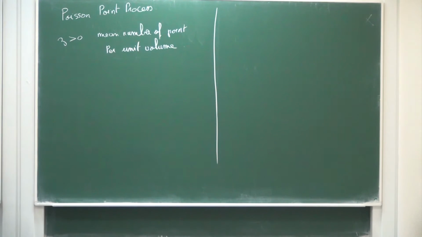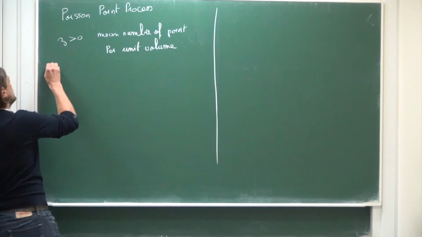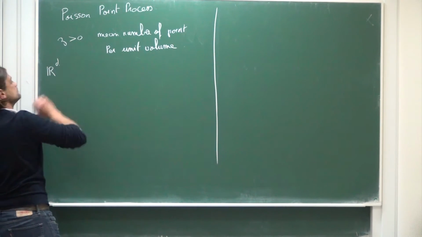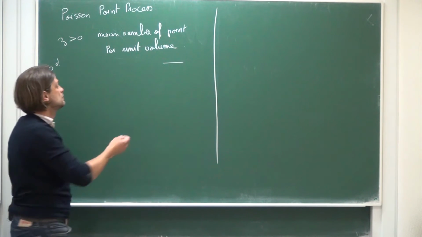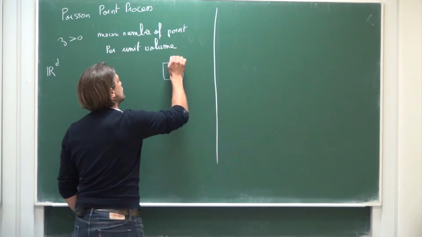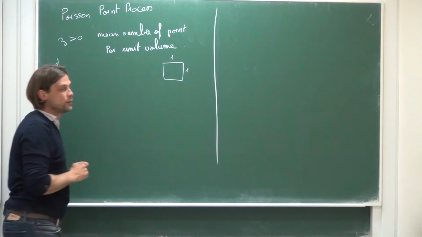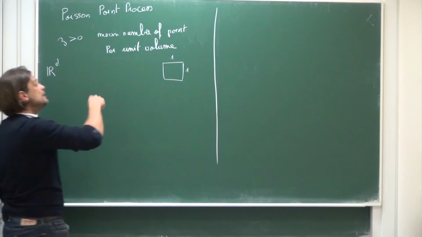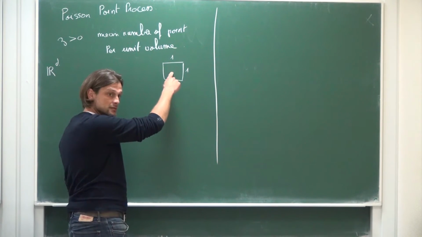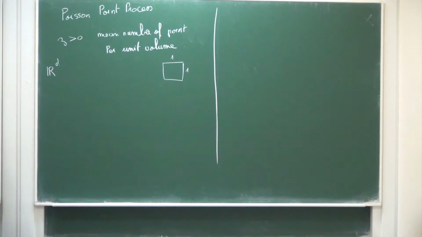So you keep in mind this parameter. If you consider a box, so we are in R^d, a box of side 1, we want a model for random points such that the mean number of points in this box is exactly z. Okay?